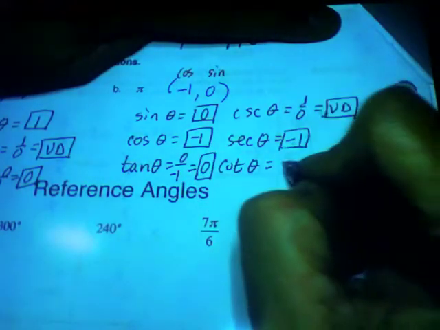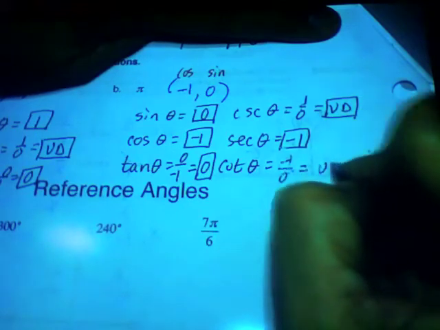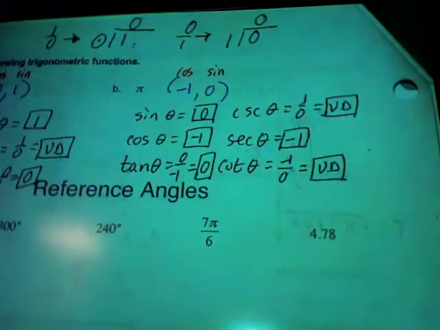Flip this one. We have -1 over 0. That one's undefined. So for pi, cosecant and cotangent are the ones that are undefined. If you get -1 over 0 and you don't put undefined, you will get it wrong, because you have not told me that it's undefined. And that's the most important part, that you understand that it's undefined.